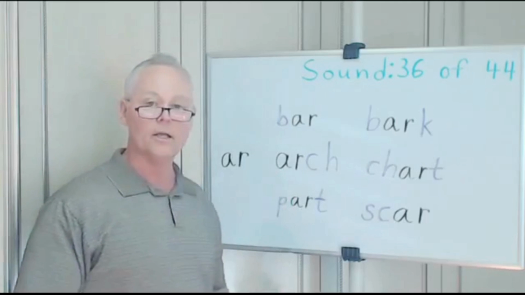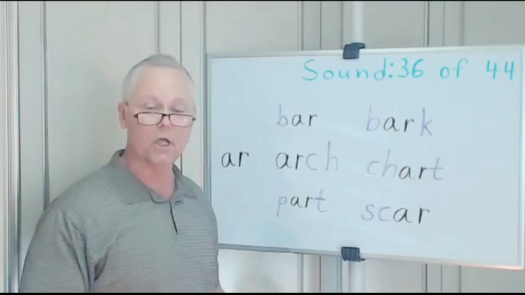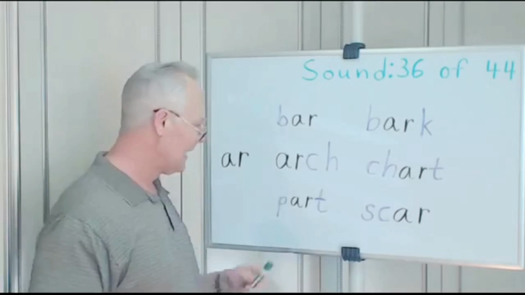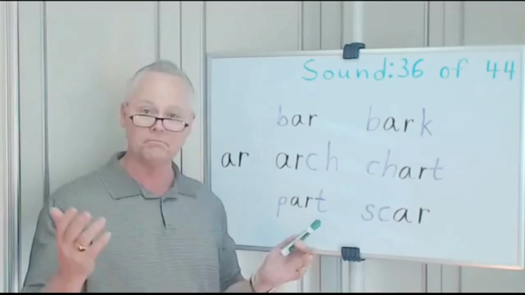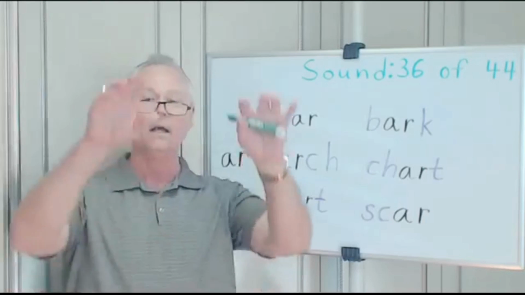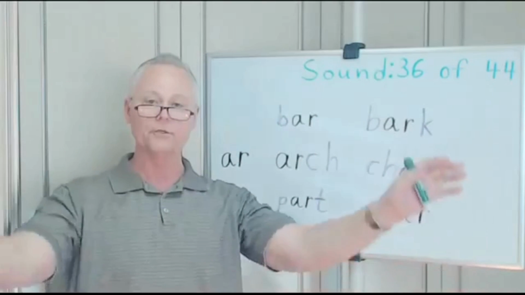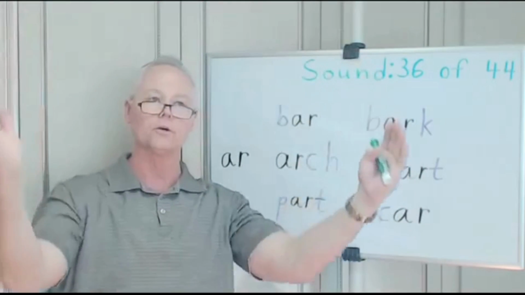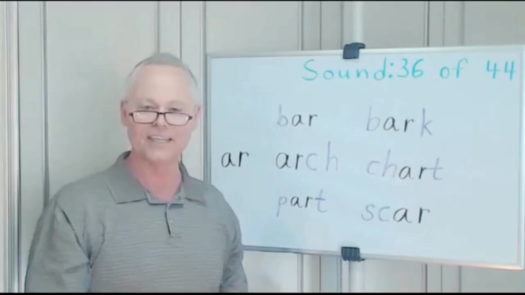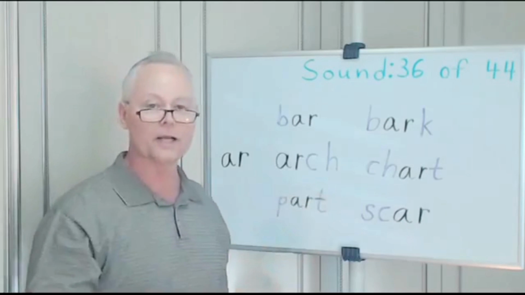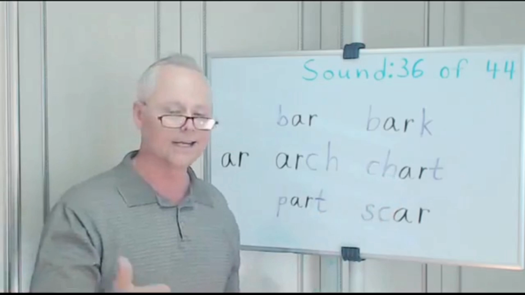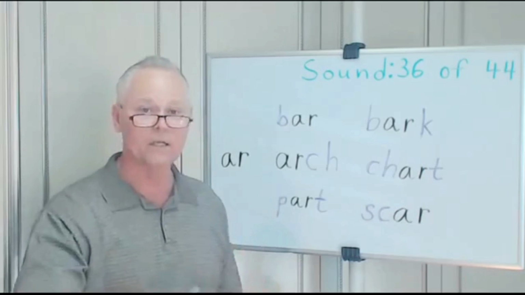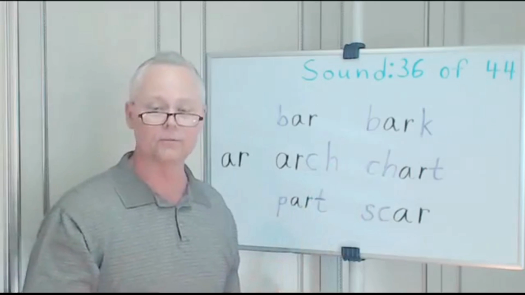How about arch? Okay, an arch simply could be over a door, over an entranceway to a room, there could be an arch. Usually they would be curved. And you walk through that arch, kind of a doorway, not necessarily a door in it, but an entrance to some room.